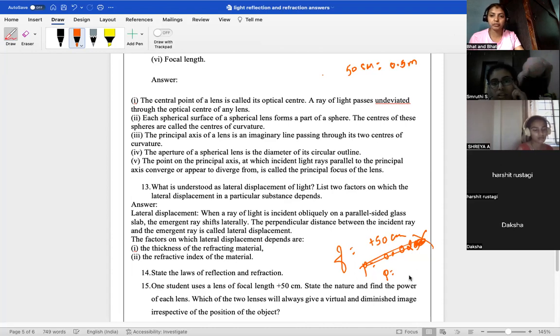So 1 by 0.5 meter, how much? Or 10 by 50, it is 1 by 5. How much is 1 by 5? 0.2 diopter.